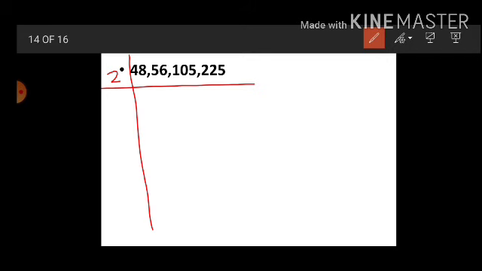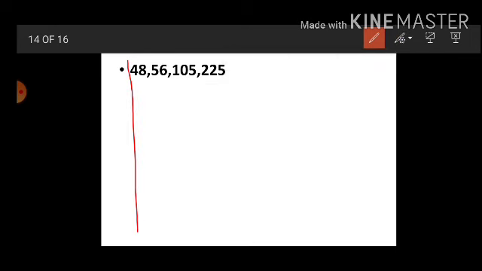So we will take 3 first. 3 1s are 3, 3 6s are 18, 56 as it is, 3 3s are 9, 3 7s are 21 and 3 5s are 15.